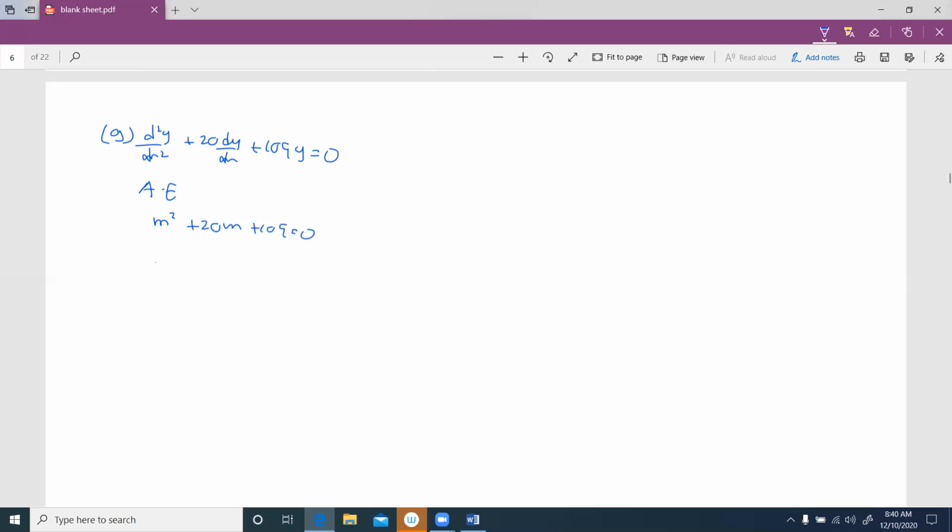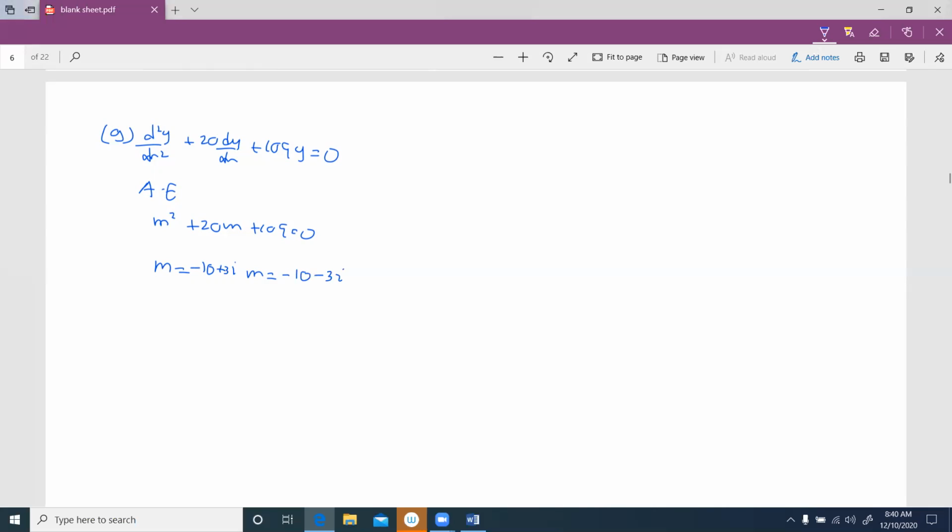With that, you get the answers: m equals minus 10 plus 3i is one solution. The other solution is minus 10 minus 3i.